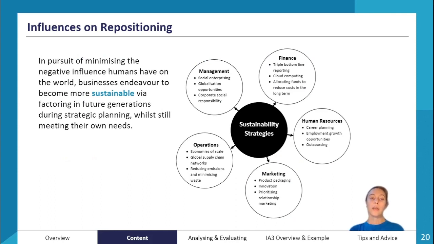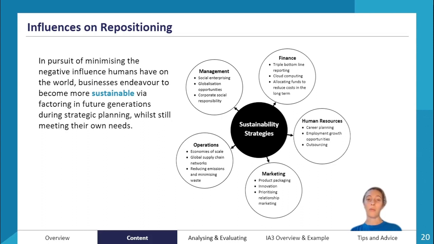So influences on repositioning, we've got plenty of these. And one thing that we can think about here is sustainability. Lots of businesses are going to pursue minimizing those negative impacts that humans have on the world. We see that more and more these days, with sustainability being something that's always at the forefront of business news.